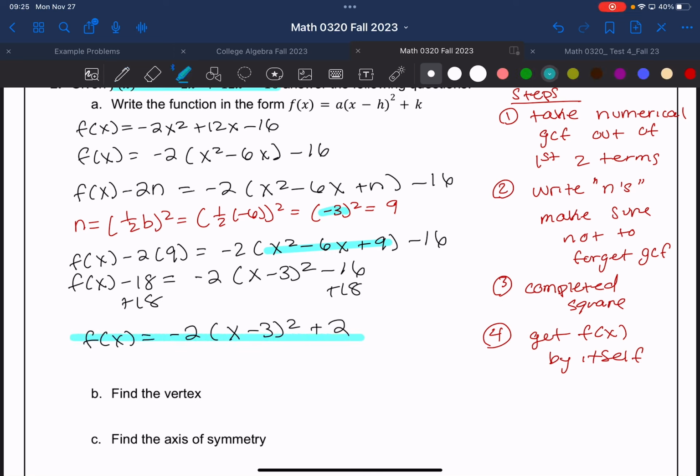So I changed my standard quadratic equation into vertex form. And see, even though this is not being tested directly on test 5, there are some concepts that we already went over. So this is a good review of some of those concepts.